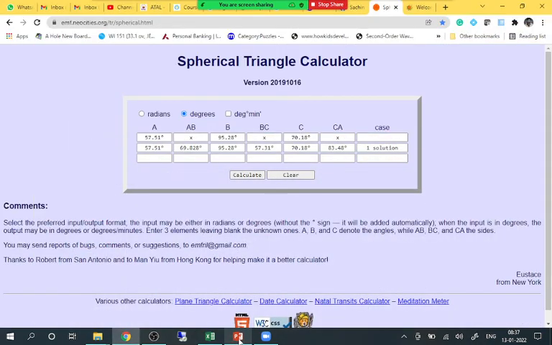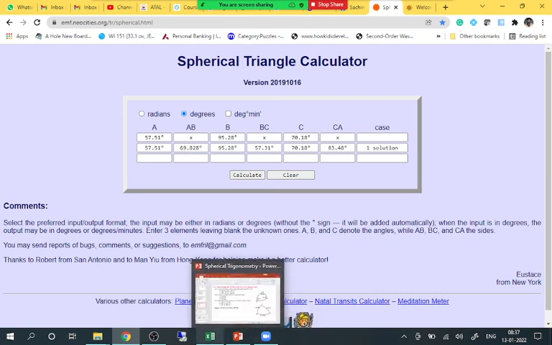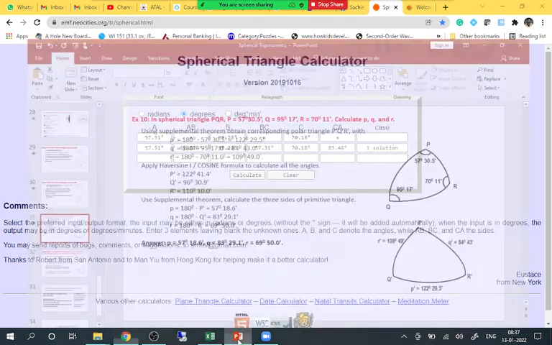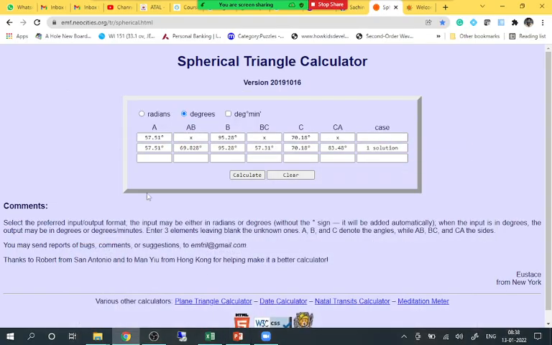This is 69.828 degree, and in the other form, 69 degree 49 minute 40 seconds. That is what I'm getting on the calculator. That answer you can write, or you can write the answer only like 69.828 degree also.